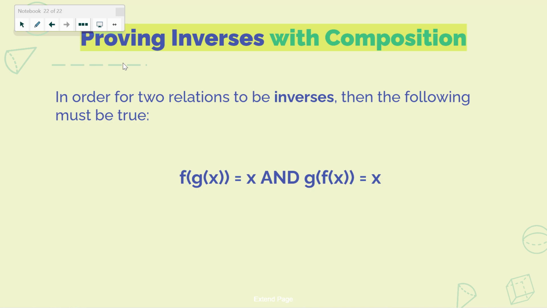So kind of think about why that would make sense. They're going to simplify to just x because if you were composing one function inside the other, you're going to find opposite operations going on, meaning you'd probably have a plus 5 somewhere and then a minus 5. 5 minus 5 would end up simplifying to 0. So then you'd just be left with x.